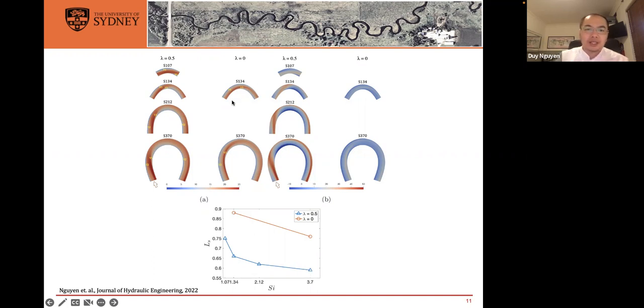The reason is that in a stratified channel, there is a gliding between layers of the water, which lifts the high streamwise velocity and makes it glide to the outer bank, the same as in the sub-meander that I talked about earlier.